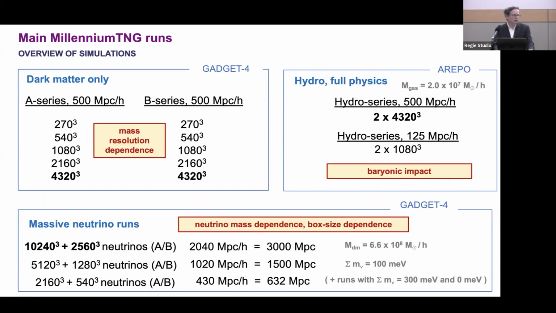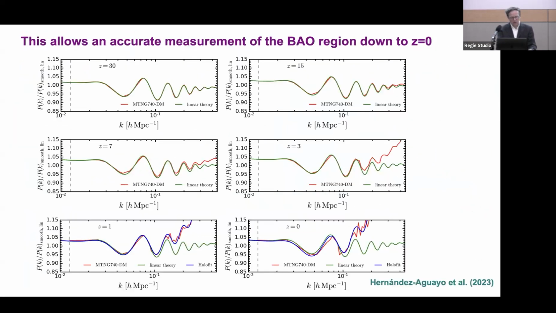We have a very good idea of the numerical convergence, so the accuracy that we have numerically. We have a very good idea what the baryonic impact is. So the fact that 15% of the matter is ordinary matter that modifies the dark matter clustering slightly on large scales that you need to understand precisely. And we have the neutrino mass dependence. And such a thing produces a lot of data, 3 petabytes in this case, that we have to work through.